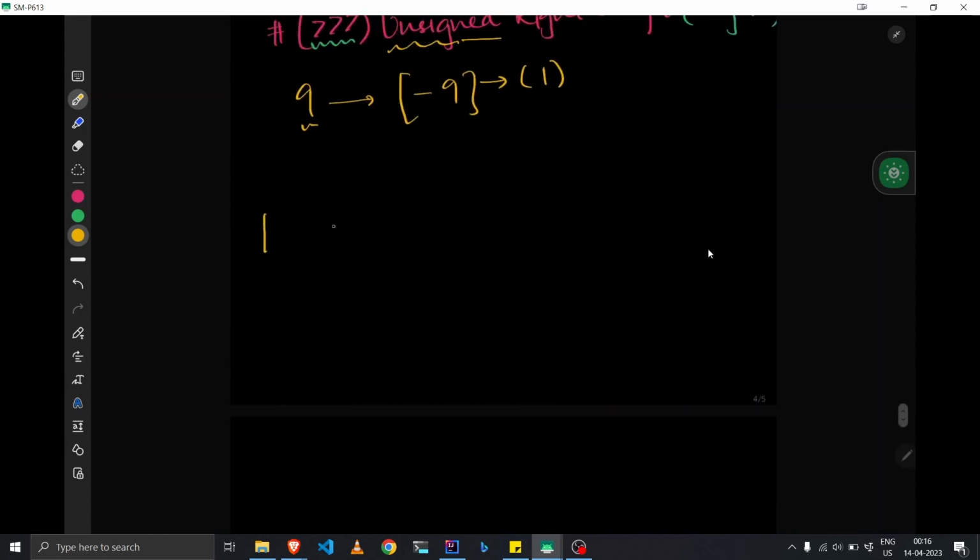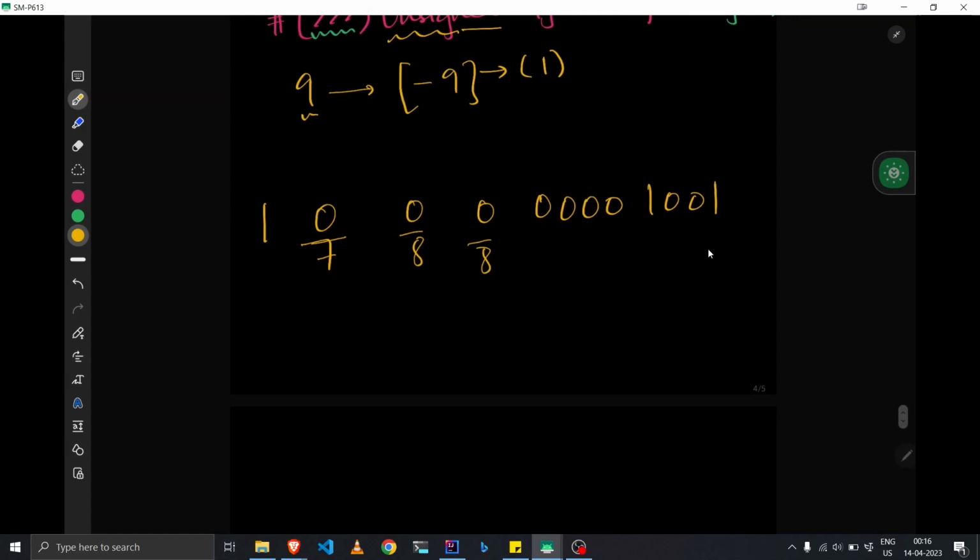Okay, then we have zeros, and that would be approximately, wait, let's say 7 zeros with this one. Okay, and 8 zeros again, 8 zeros again, and then we would be having 9. So 0 0 0 0 and 1 0 0 1. So this would be 9, right? Because these result to 9, and this represents that it is a negative, so this is a negative 9.